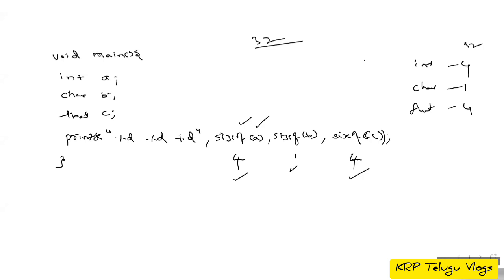And in coding, you will come to know which type of microcontroller you are using, whether a 32-bit microcontroller or a 16-bit microcontroller. So before doing coding, you will know all those things. Understood? Okay, sir. So can I erase? Yes, sir. In the written test, they will specify: if it is a 32-bit compiler, what is the size? If it is a 16-bit compiler, what is the size? Clear?